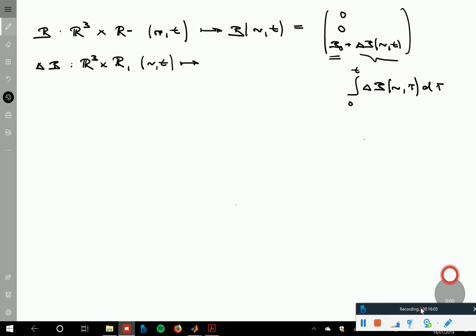Remember that this yields something in R3, and this just yields a real value because this is just what's going into the Z component. So this function is usually defined as this.